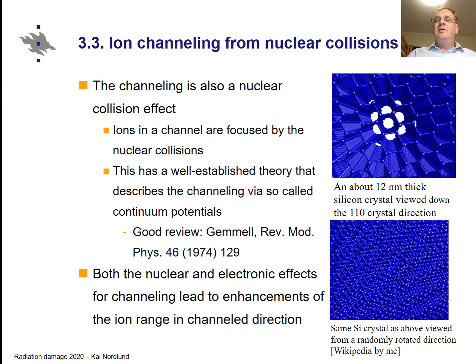The atom size and interatomic bonds were plotted with the exact same size in both plots. The only thing different is the rotation direction. And here you obviously see that if you look straight down the 110 crystal direction in silicon, you see basically through the crystal. If you have a more or less randomly rotated direction, it looks just like a very dense material.